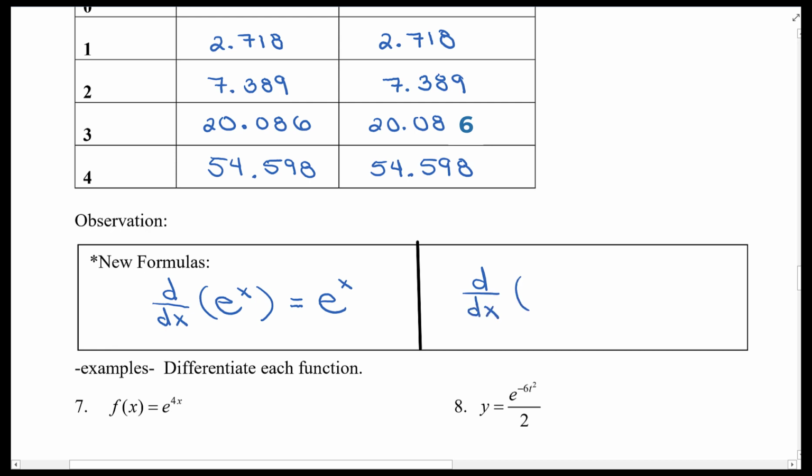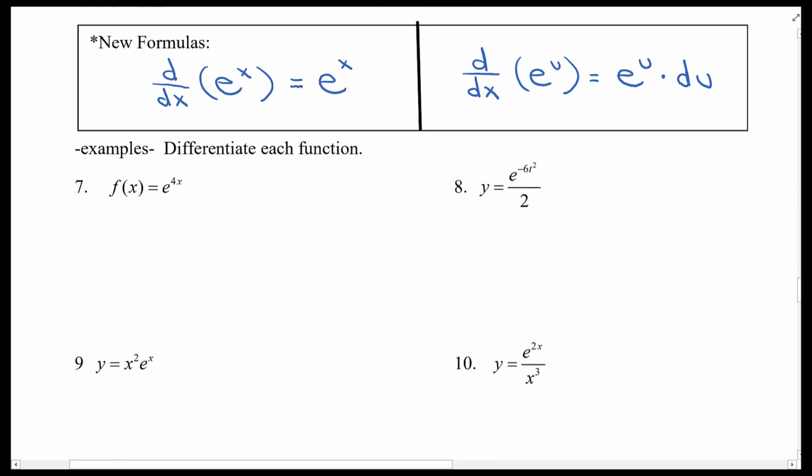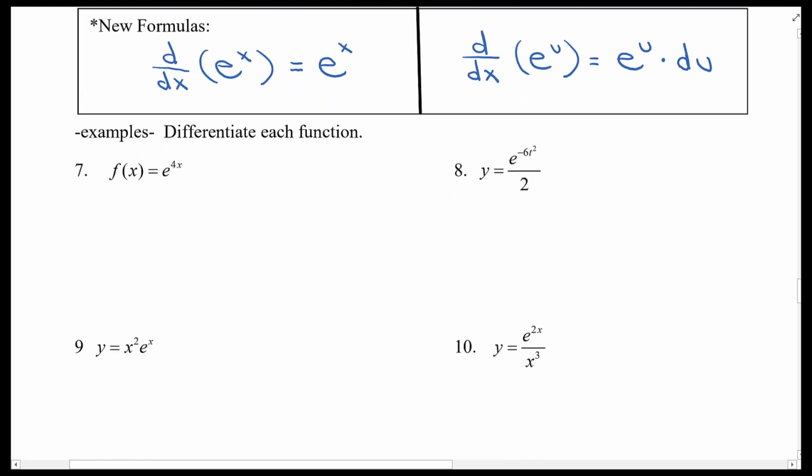It's very similar. The derivative with respect to x of e to the u power is going to be equal to e raised to the u power times du. So these are going to be our formulas for when we're working with exponential functions with base e.